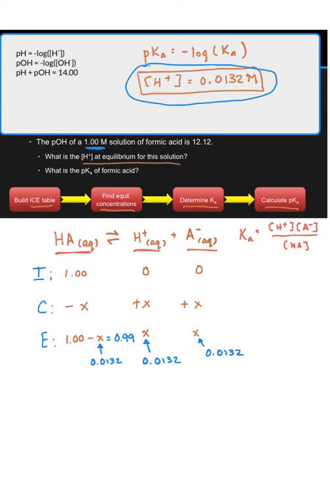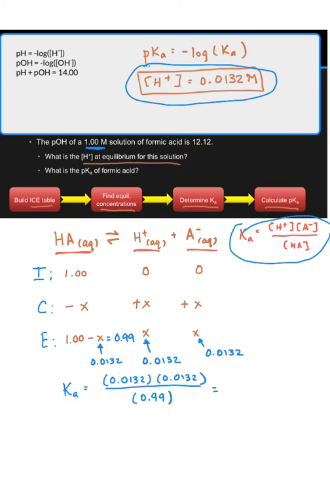In our Ka expression from up above, we can now plug in equilibrium concentrations of HA, H plus, and A minus. 0.0132 for H plus concentration, and for A minus concentration, 0.99 for HA concentration. Multiplying and dividing, we end up with a Ka value of 1.7 times 10 to the minus 4.